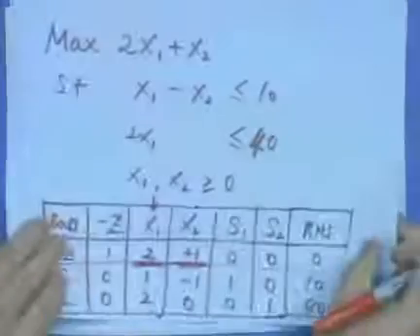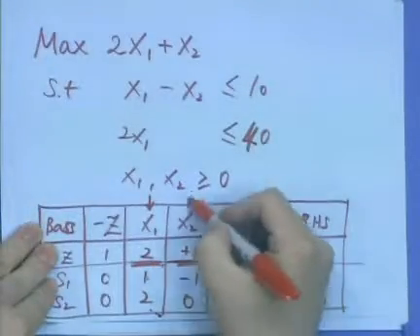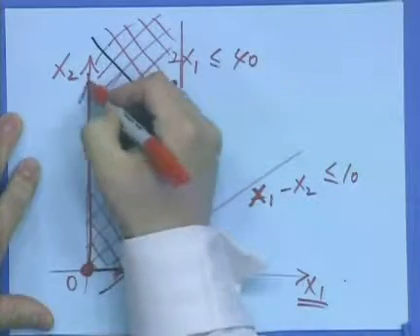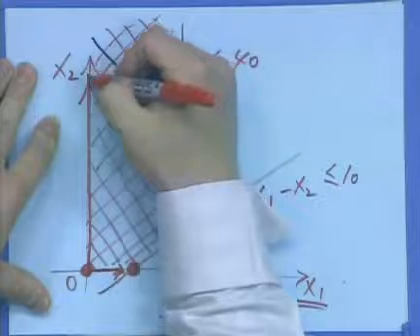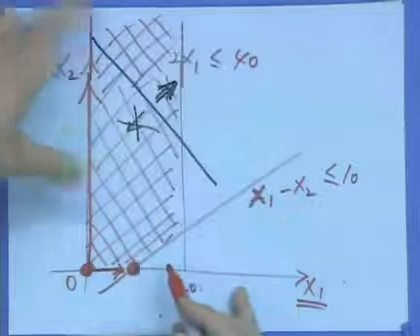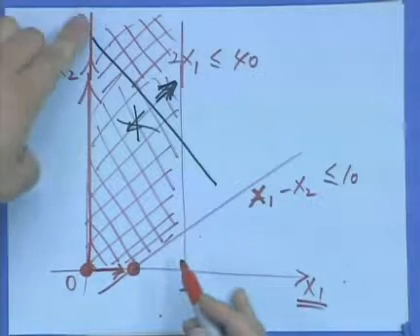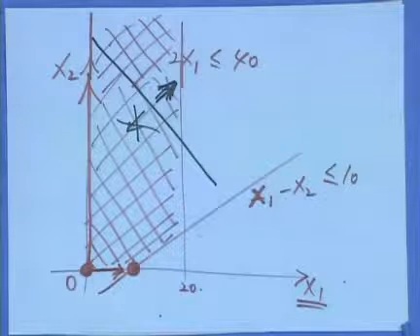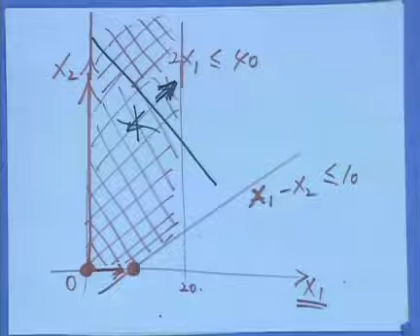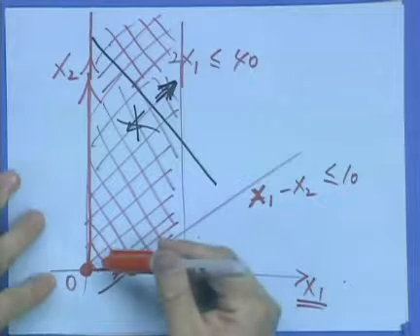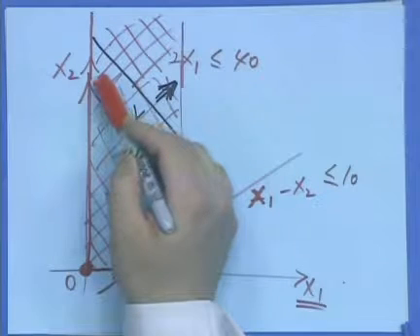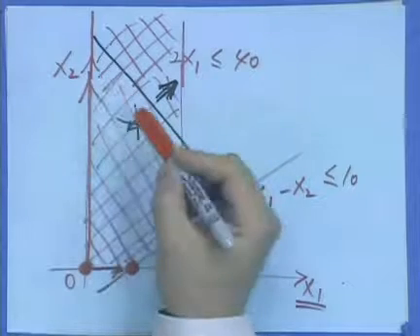However, if you select the x2 variable to enter the basis, then you cannot perform the minimum ratio test, which means you cannot reach an adjacent corner point in this direction. So how do you say? If you select the x2 variable to enter the basis, then there is no leaving variable, and the x2 variable can be increased infinitely, right?